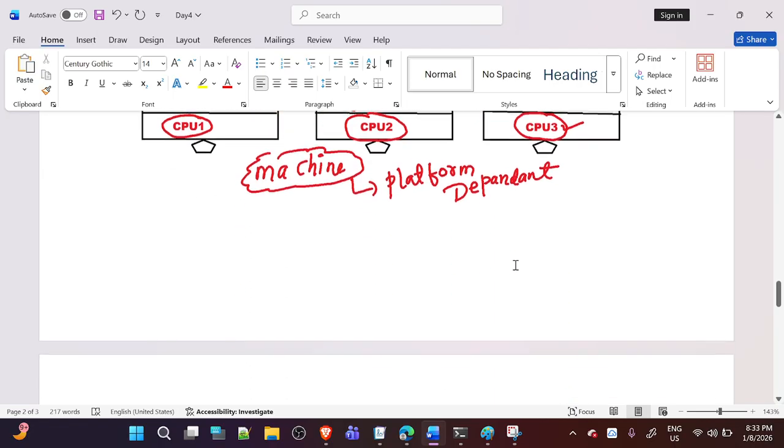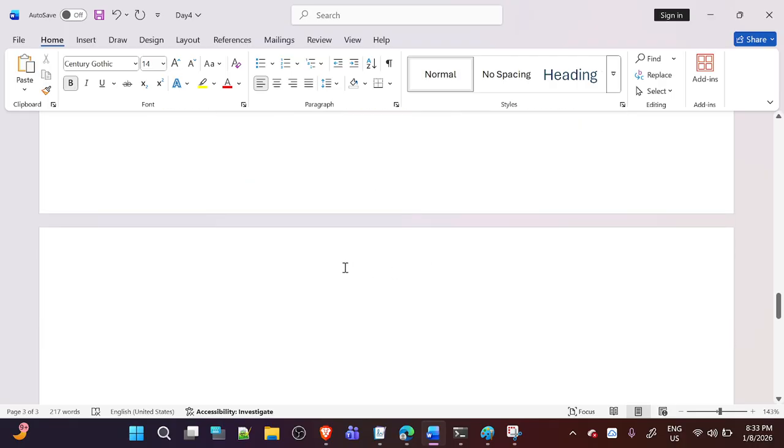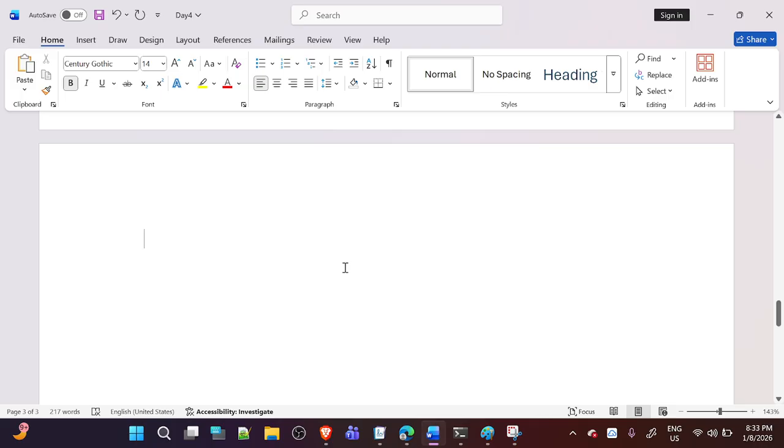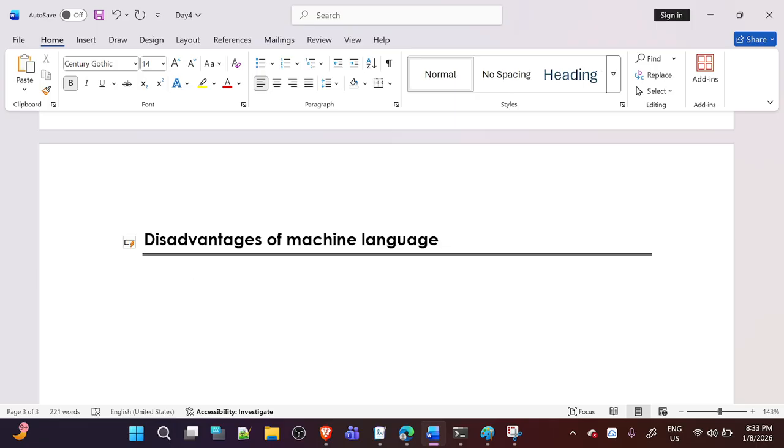So if I ask you what is the disadvantage of machine language, the first disadvantage is that it is not understandable easily.